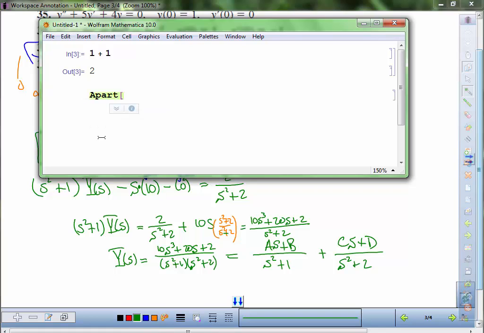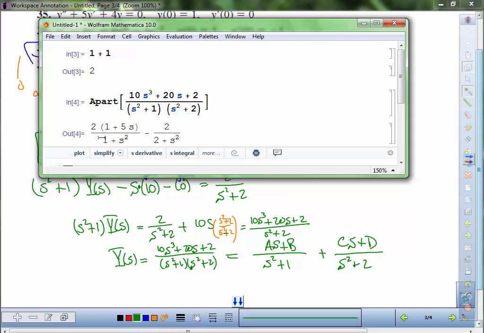There's a command in Mathematica where I can take 10s^3 plus 20s plus 2, and divide this by the factors (s^2 + 1)(s^2 + 2).